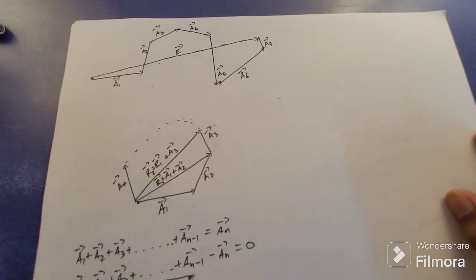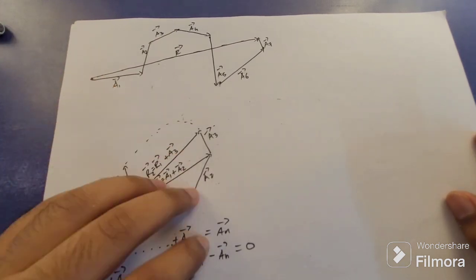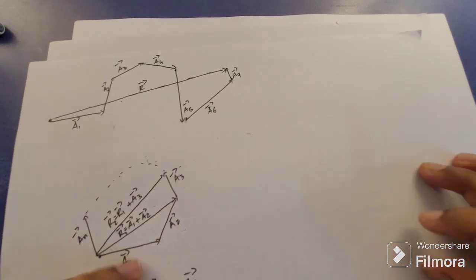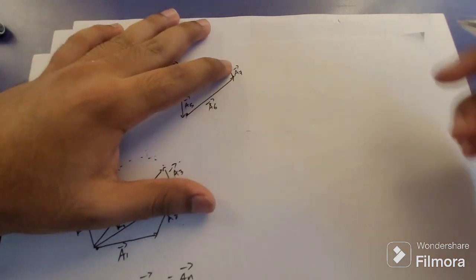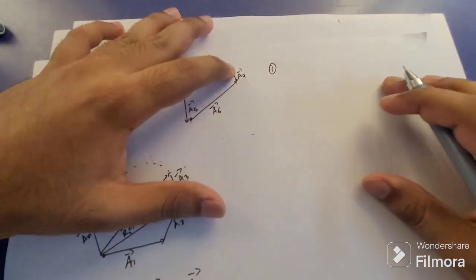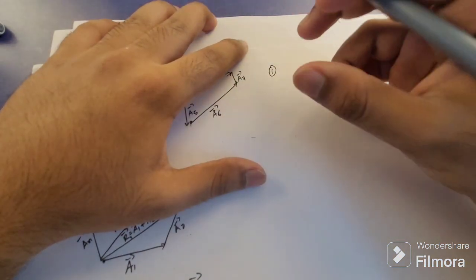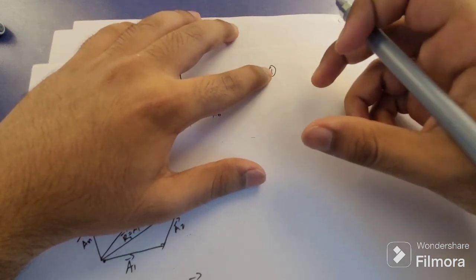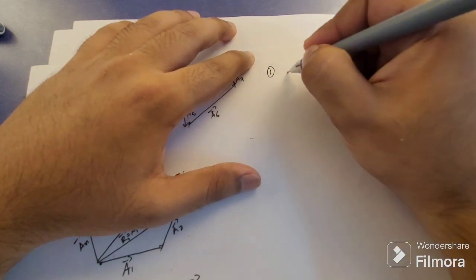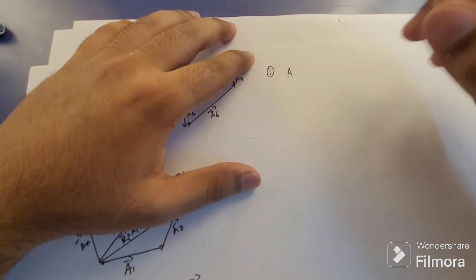Now, after we have seen all these laws, let us also quickly see two important points about vectors. So the first important point is that vector addition is commutative. Now I'll explain what I mean by that. First, I'll just write the statement.